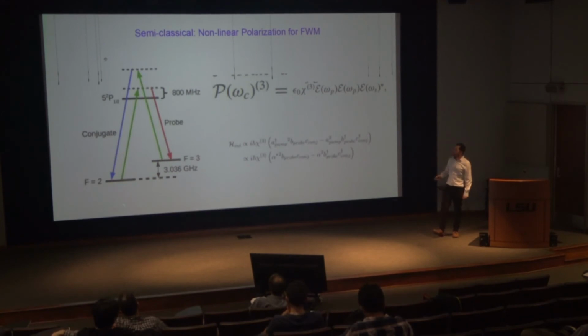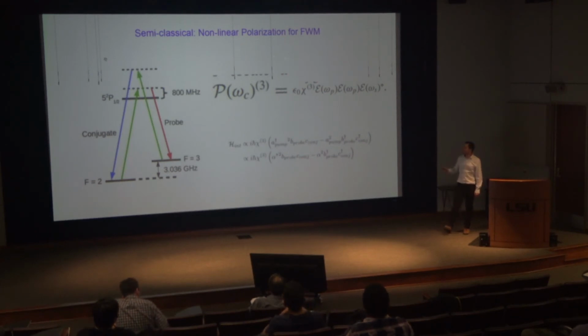This is a double lambda process. We annihilate two pump photons, these green arrows, and as a result we generate a probe photon and a conjugate photon. So under the parametric approximation, its Hamiltonian looks something like that. But the nonlinear polarization of this two-photon resonance process looks something like this.